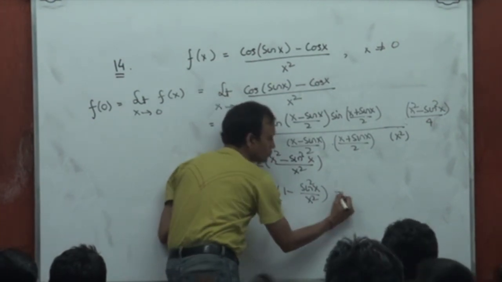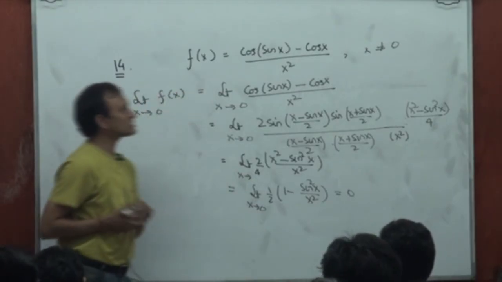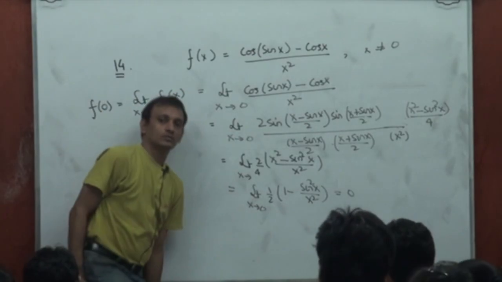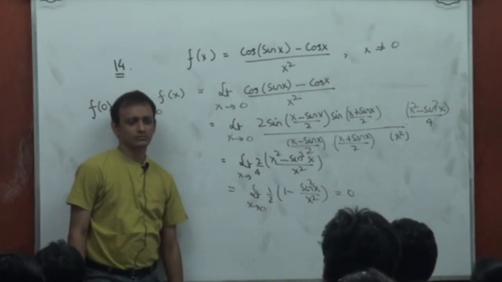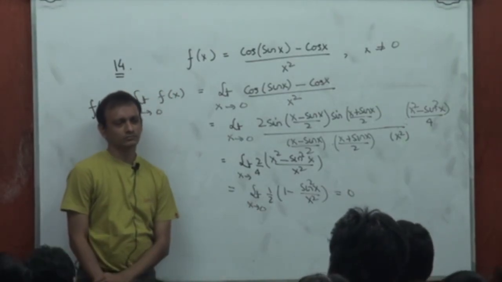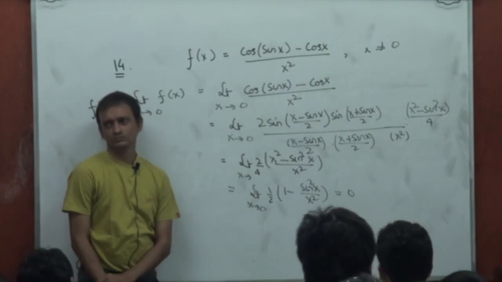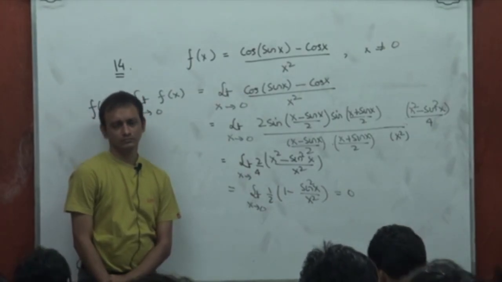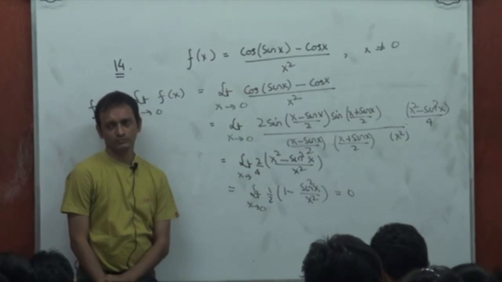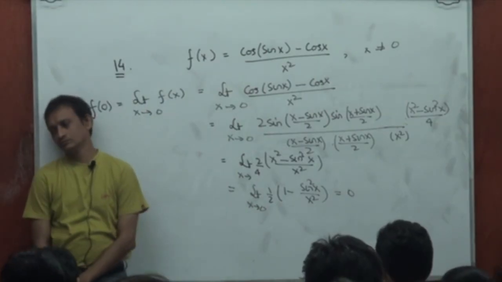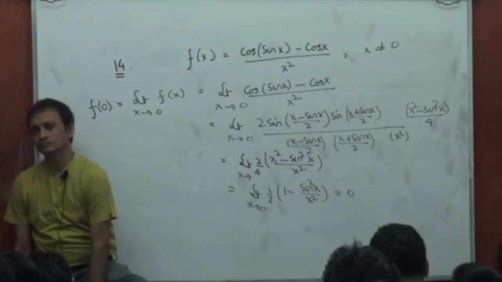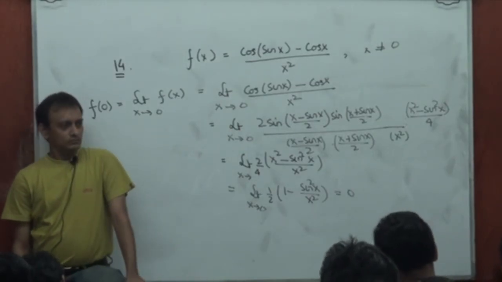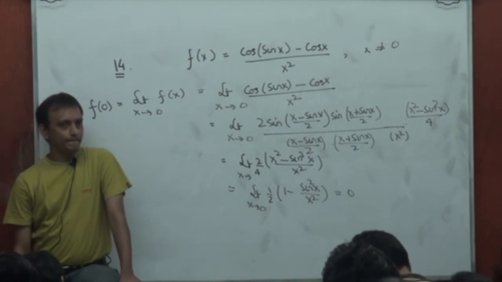So this will tend to 0. So this limit is, so f(0) must be. Got me?